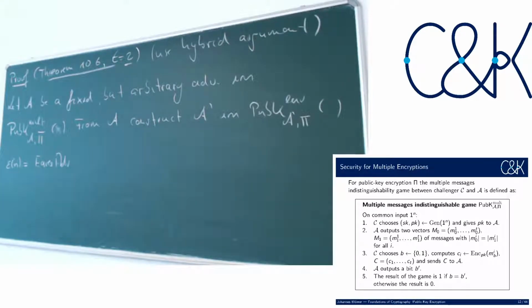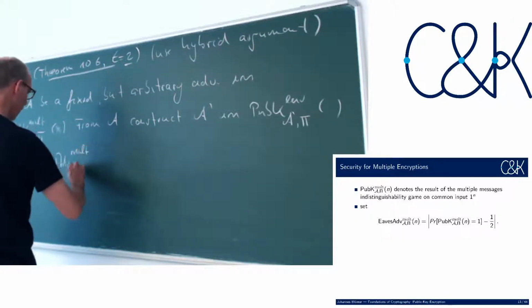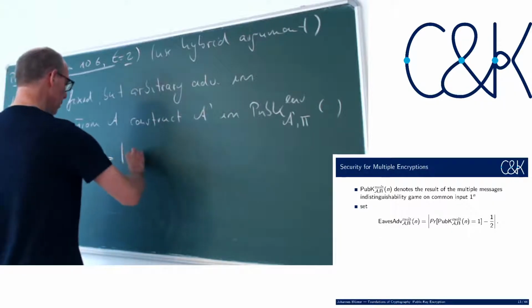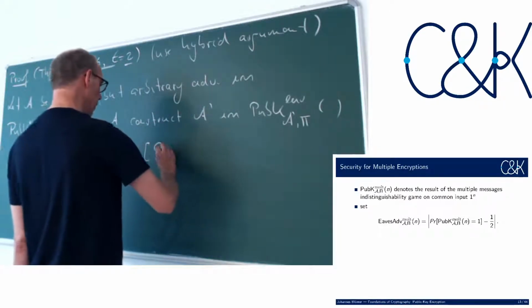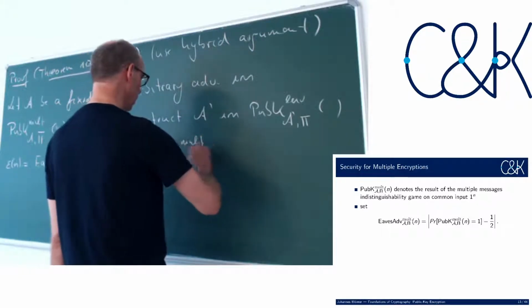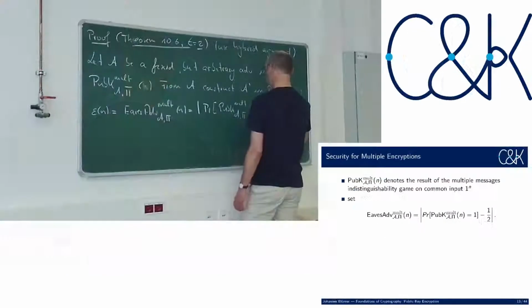The eavesdropping advantage in the multiple message game of A, pi of n, which is the probability that the experiment with A and pi of n outputs 1.